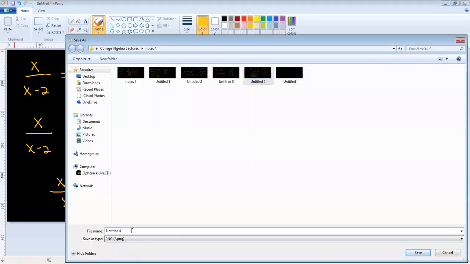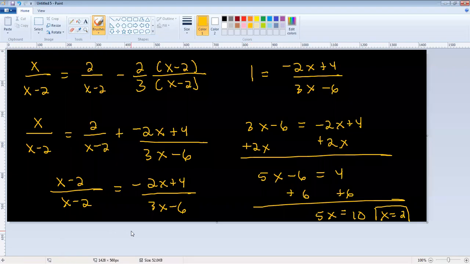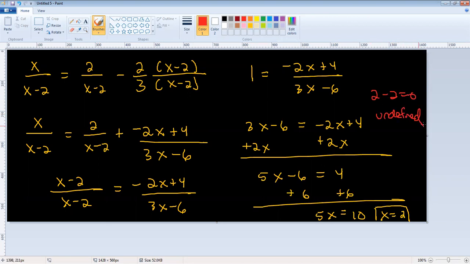So that's how we're going to do that one. Also, I think this is undefined because up here, if you plug it in, 2 minus 2 is equal to 0, undefined. Okay. So anyway.